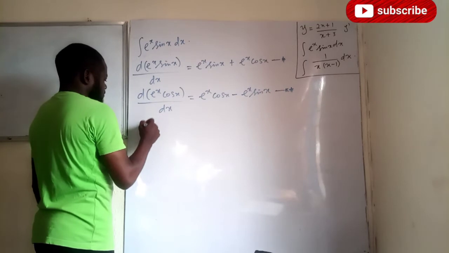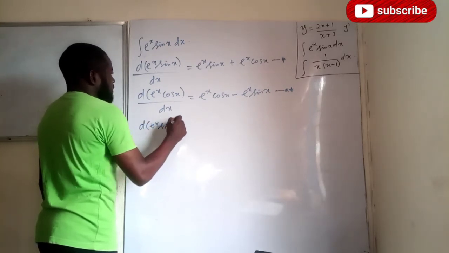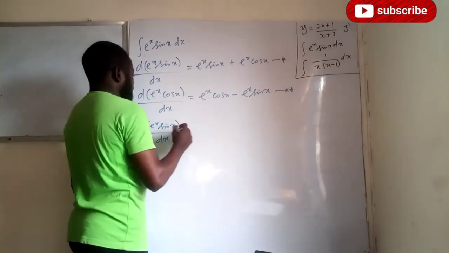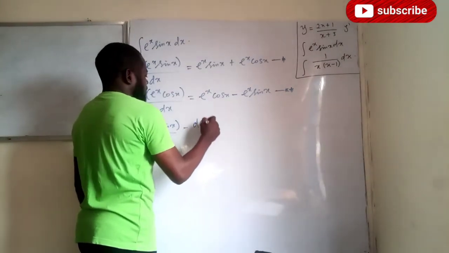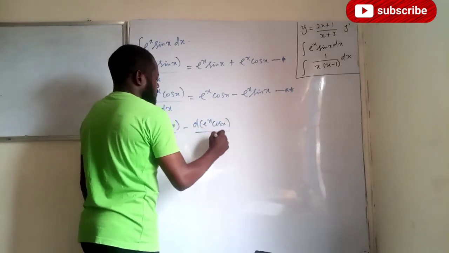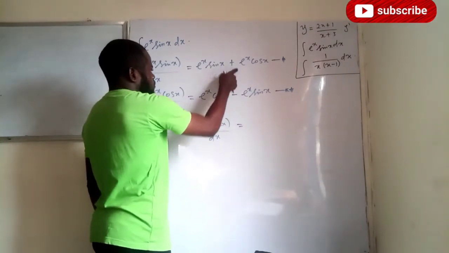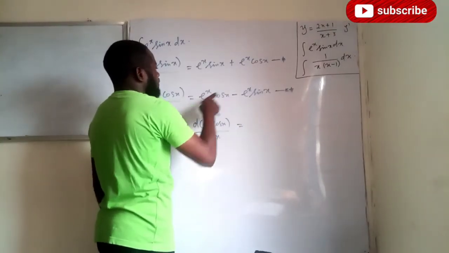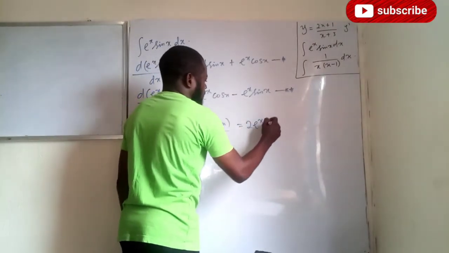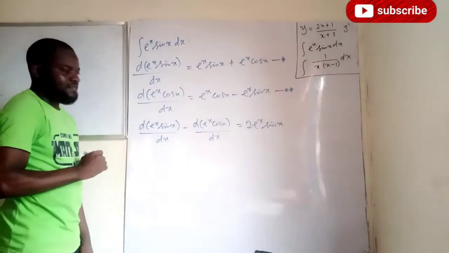d of e to power of x sine of x dx minus d of e to power of x cos of x dx to equal, this will give us 2 e to power of x sine of x, like that.